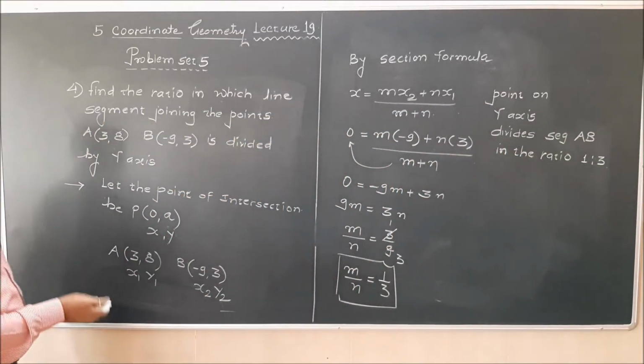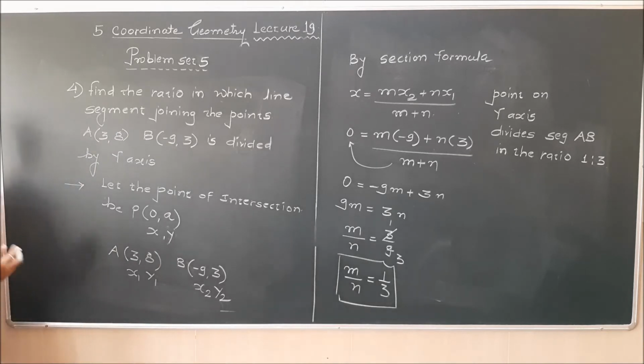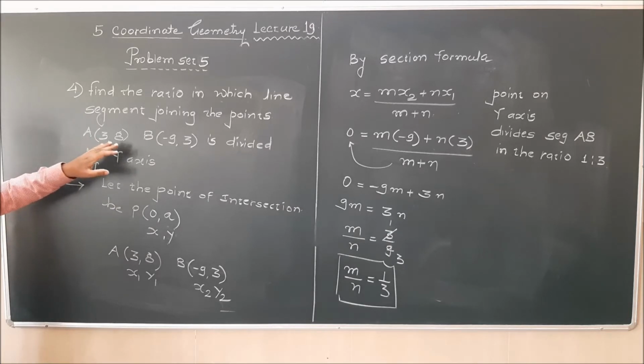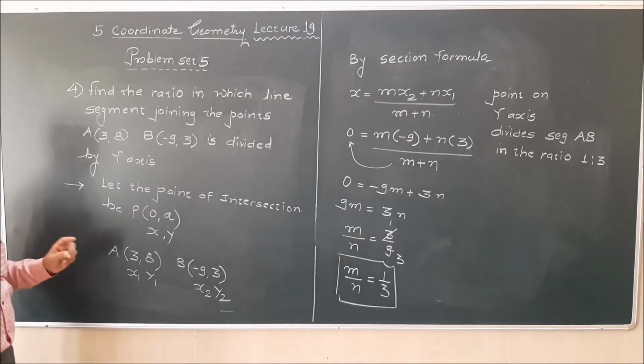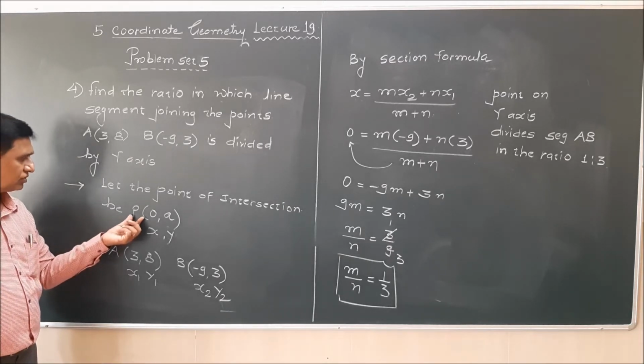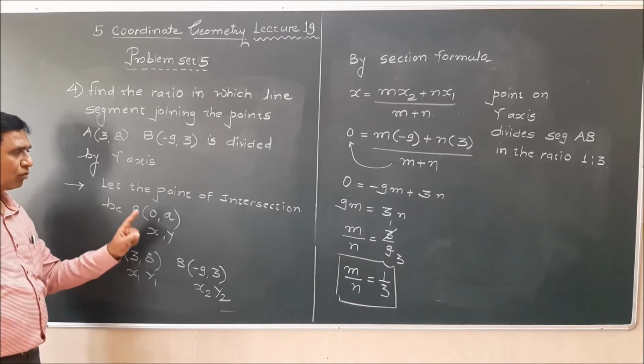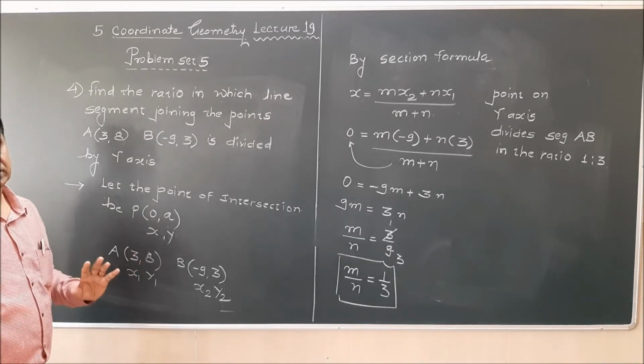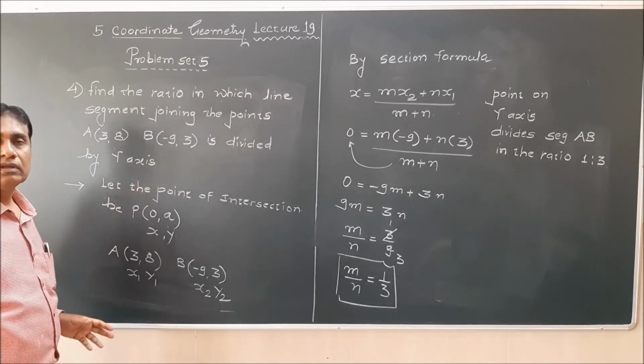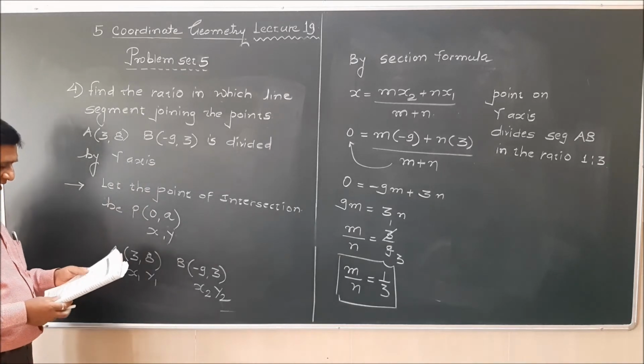So this is how we will find the point which lies on y-axis and divides the segment AB. What is important thing over here? That the x coordinate of any point which lies on y-axis is zero. If you take that precaution, you will get answer very easily.